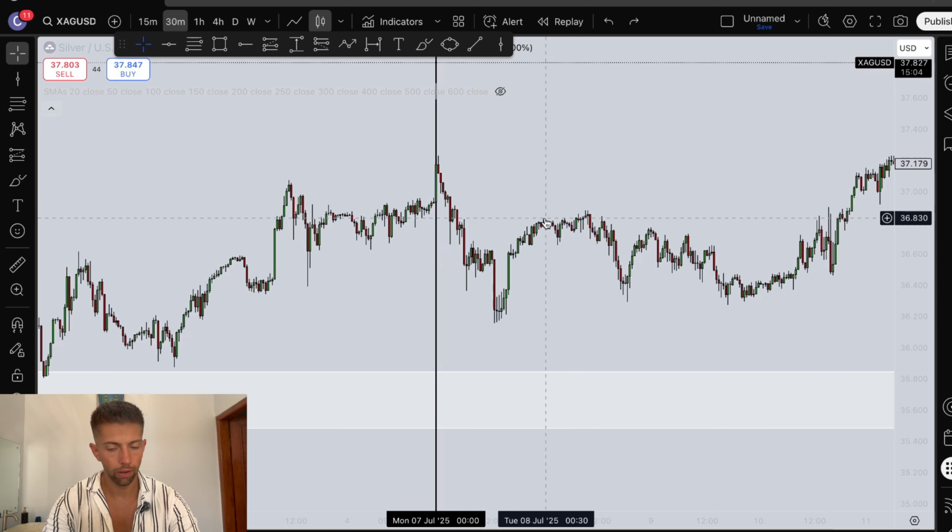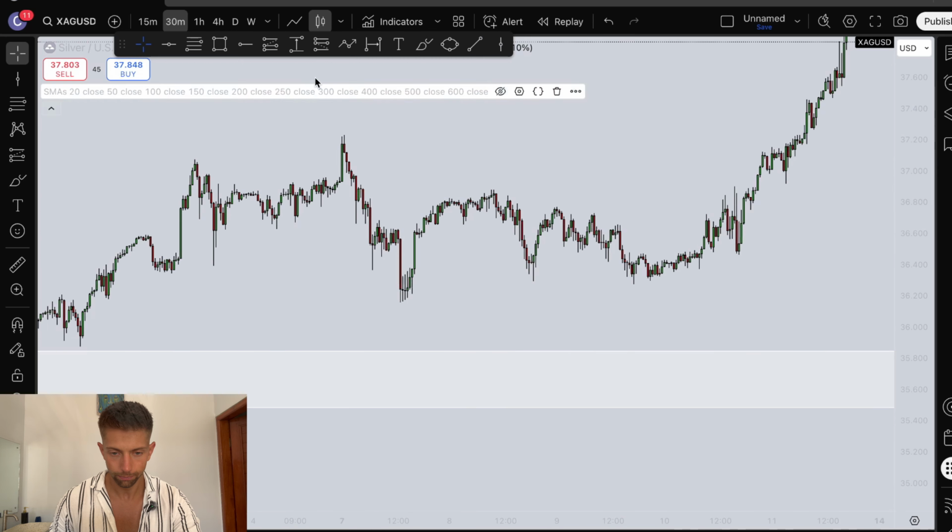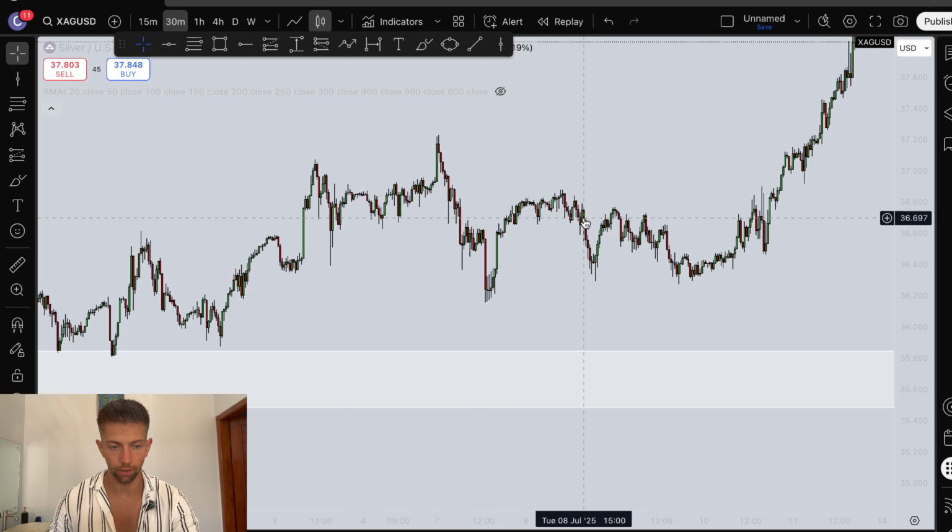So how can I spot that lower time frames are ready to fill that higher time frame context? Is by lower time frame structure shift, as you already know. That's the best indicator to spot it, okay?